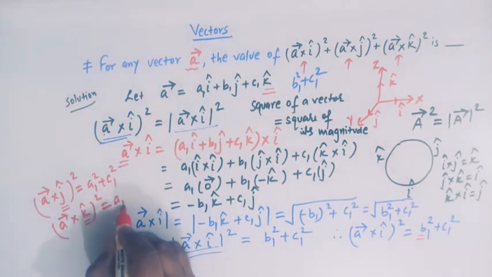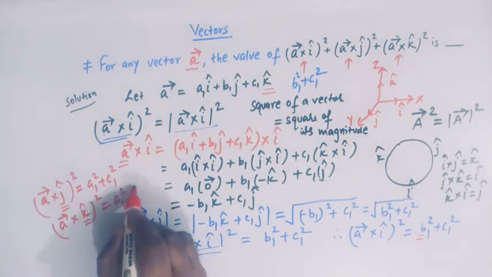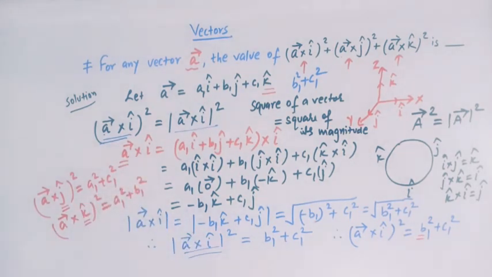So we have here A1 square plus B1 square, right?